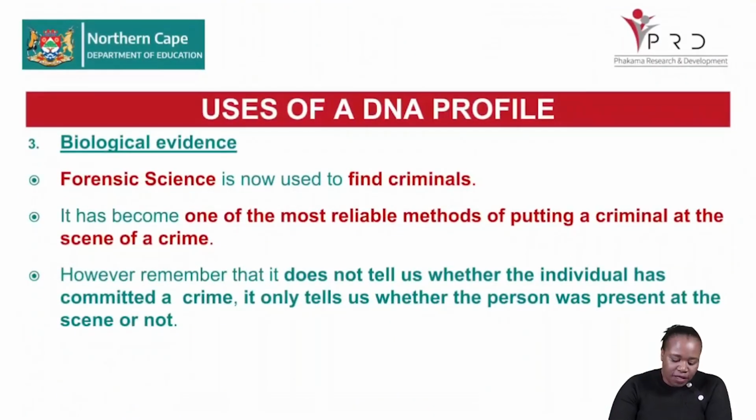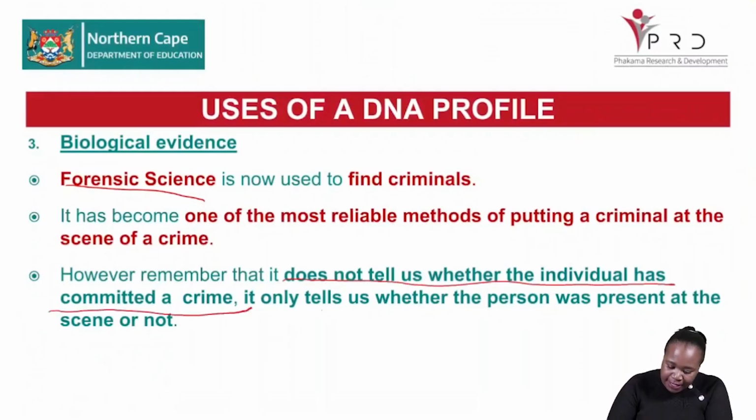Biological evidence can be used in forensic science to find criminals. Now, like I said, we can find criminals using their fingerprints, but that can be changed. If for some reason the criminals have left their DNA behind, we can use that DNA to identify them. This does not tell us whether the individual has committed a crime or not.